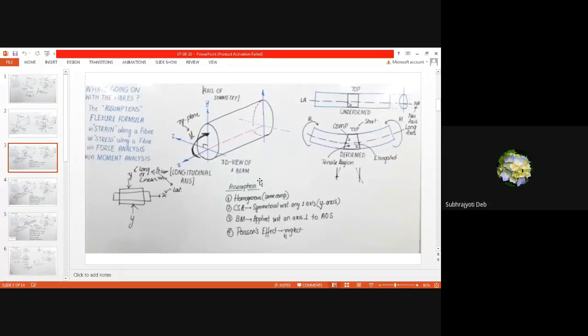That means the area is the same on both sides. If the y-axis is there, on the right side and left side, the area is the same. That means symmetrical. Okay. Number three, bending moment is applied with respect to an axis that is parallel to the axis of symmetry.